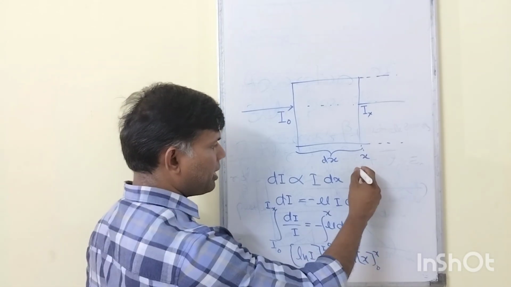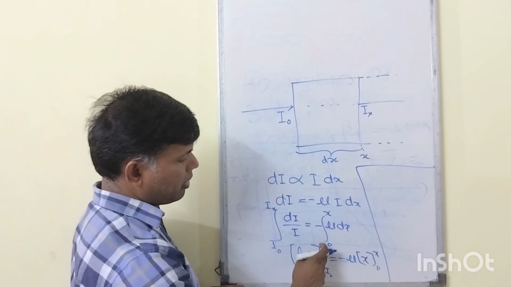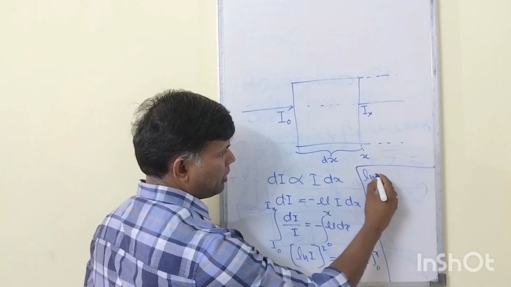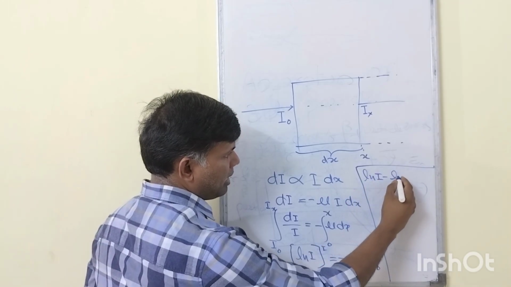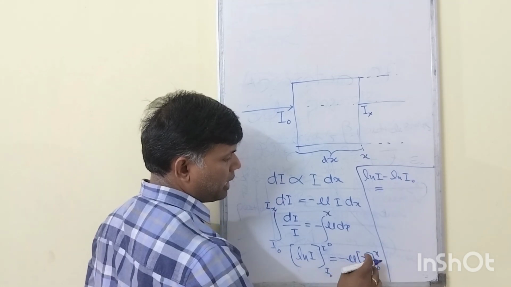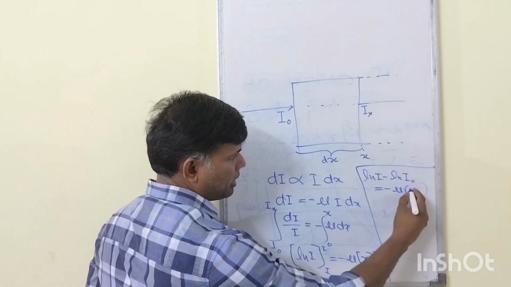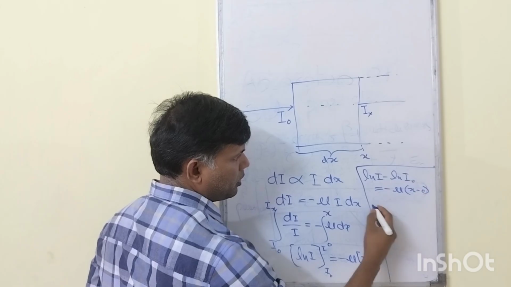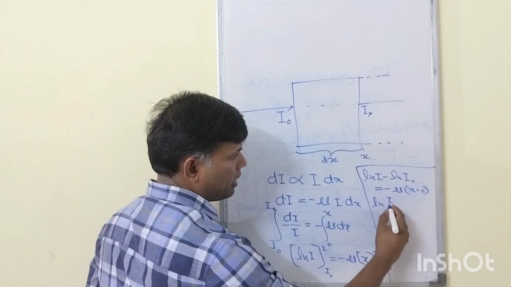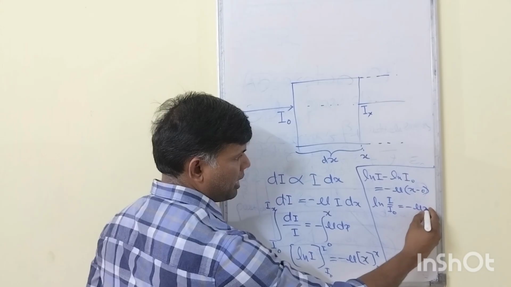What you will get, I am writing here. Upper limit I: ln I minus ln I0 equal to minus mu into x minus 0. So ln I minus ln I0 is ln I by I0 is equal to minus mu x.